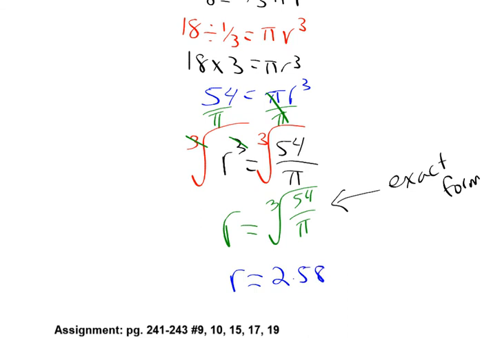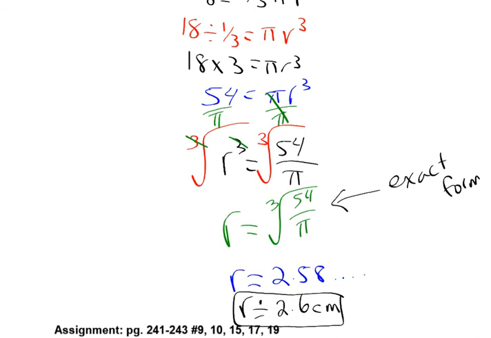Okay, so we got 2.58 something, dot, dot, dot. The dot, dot, dot tells me that there's numbers coming after, but I just go r with a dot above, which means approximately equal to, rounded to the nearest tenth, 2.6 units, centimeters.